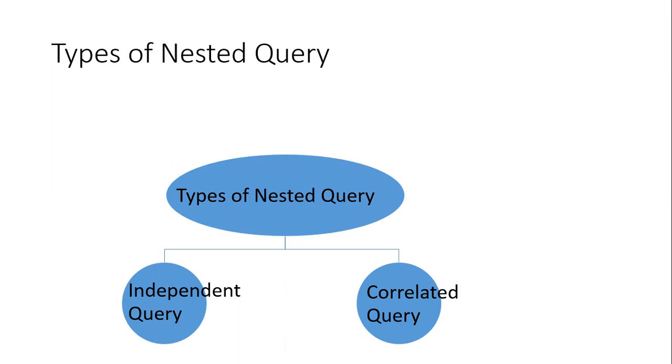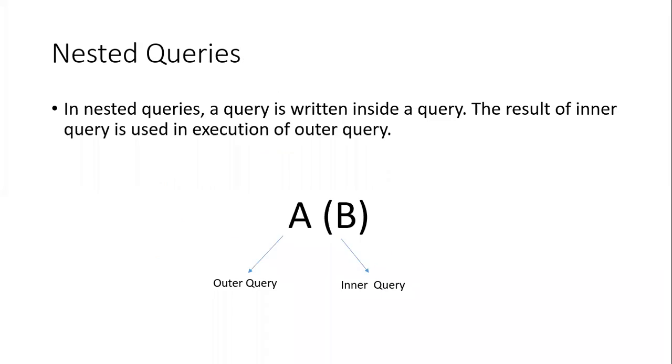Independent query means that the outer query uses the result of the inner query, where the inner query always executes independently without any use of the outer query. So whenever the inner query executes without any help of the outer query, then we say that the nested query is an independent nested query.